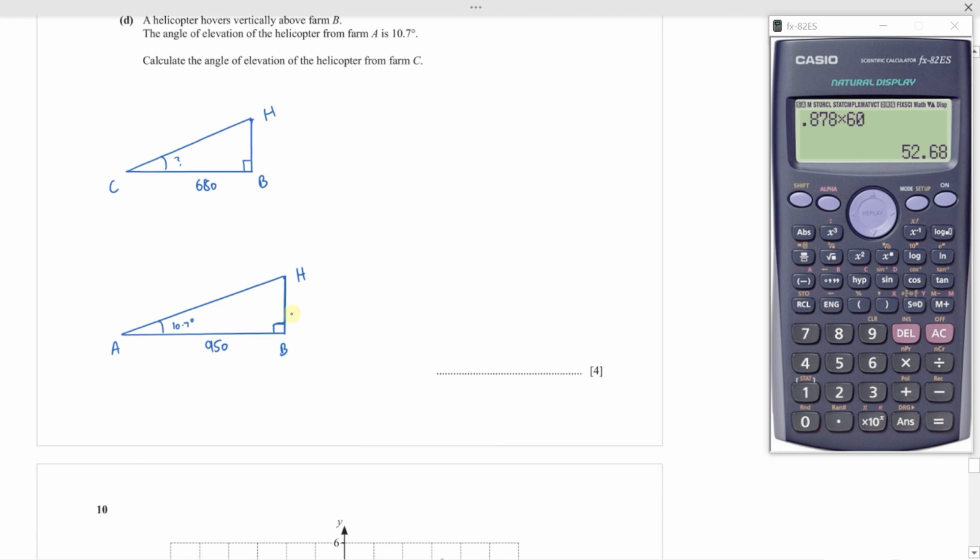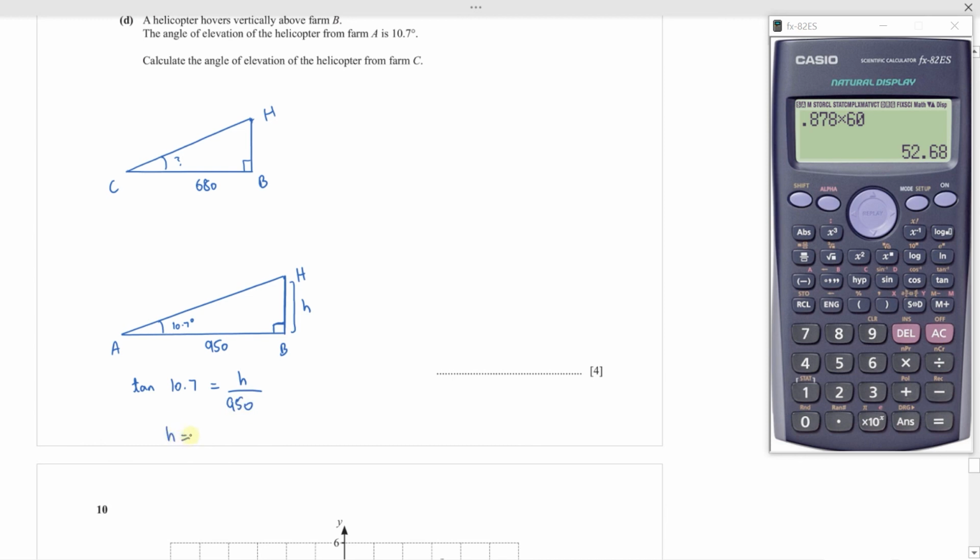So first, using this, I will find this height of the helicopter. So I need to find the perpendicular height of this triangle. I know the base. So I will use tan of this angle, tan 10.7 equals perpendicular over base. So let me call this perpendicular height H. H over base, which is 950.